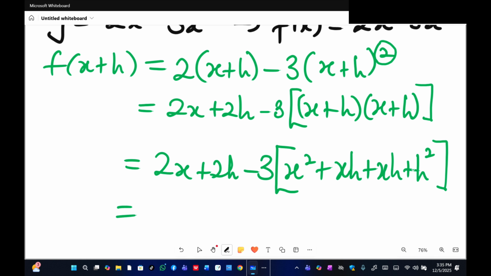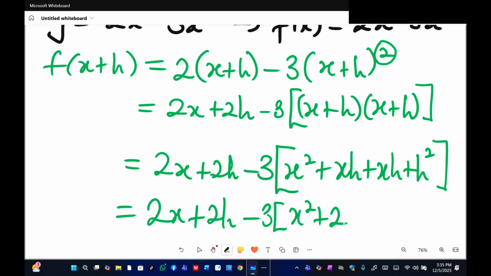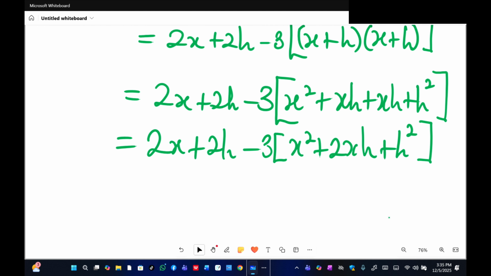Continue to simplify. We're going to get 2x plus 2h. Now we have in a bracket like terms. So we have x squared, xh plus xh will give us 2xh, then plus h squared. All right, so we need to expand the bracket with the negative 3 outside.